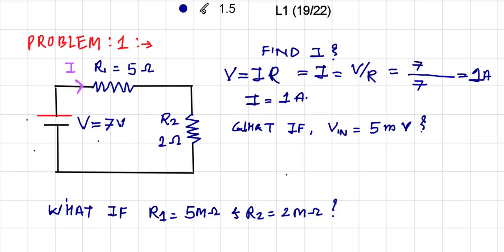But now the question is, what if Vin is equal to 5 millivolt? So let us consider here, instead of 7 volt, if we are given 7 millivolt, so what will be the current?